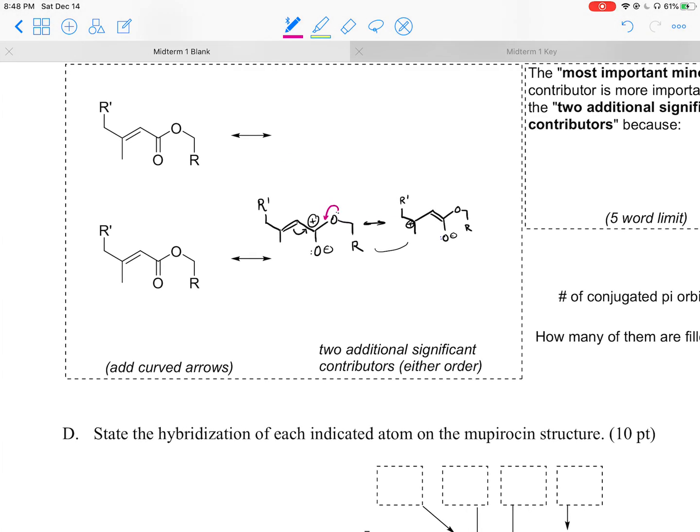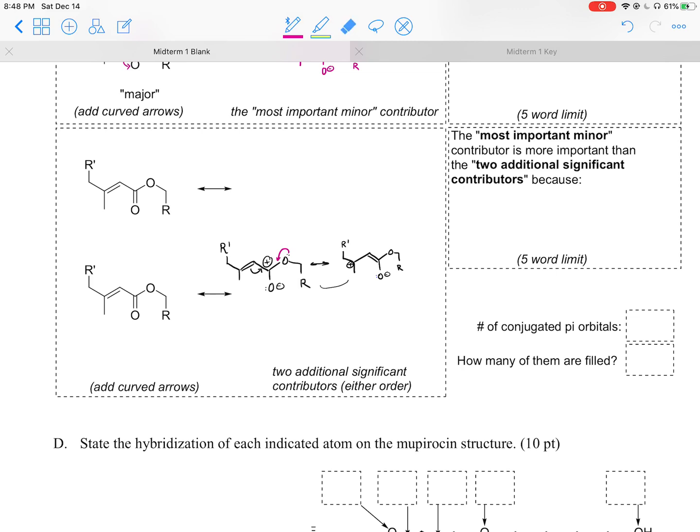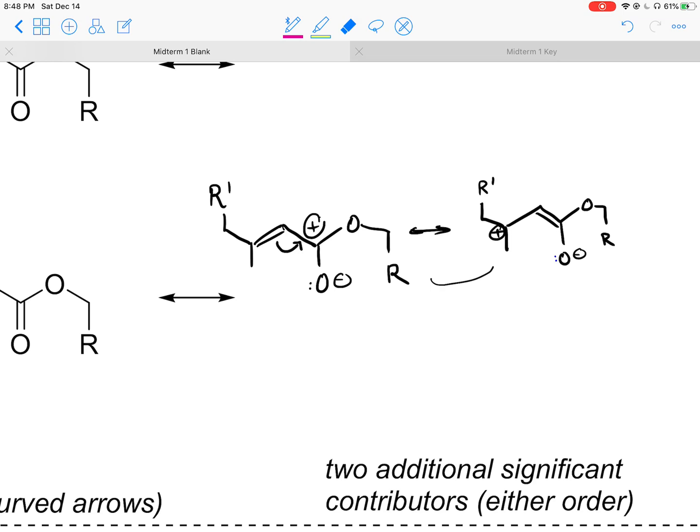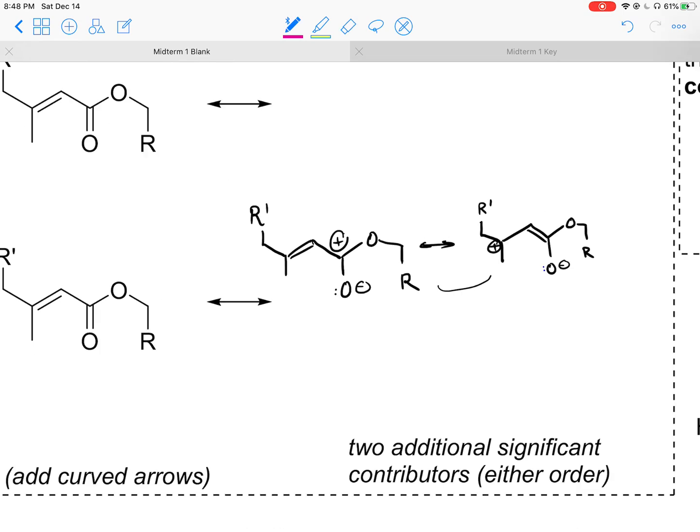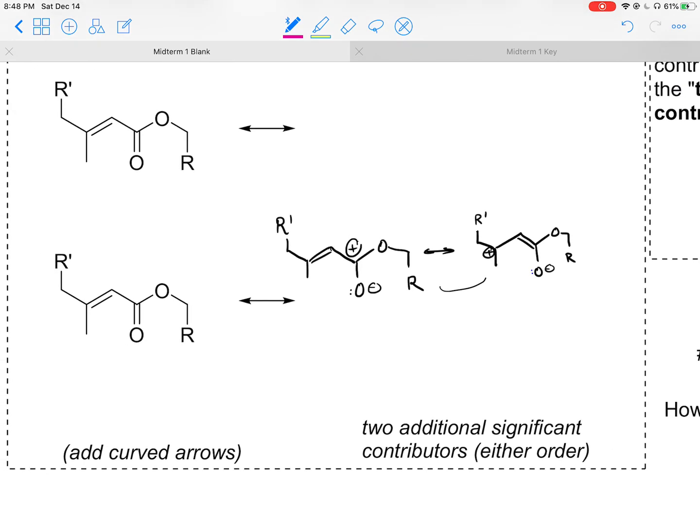So then these 2 are also good contributors, well, significant contributors. We should think about them when we are thinking about resonance and thinking about what this molecule looks like. So we can put these in any order because it doesn't matter which one of these is more important out of the others.